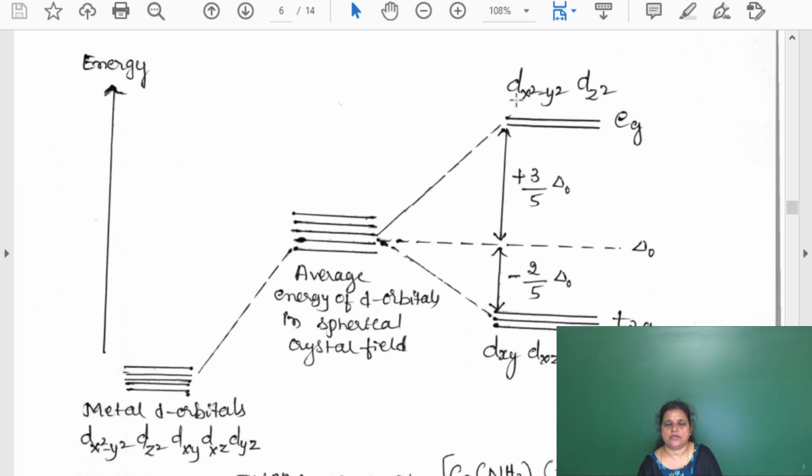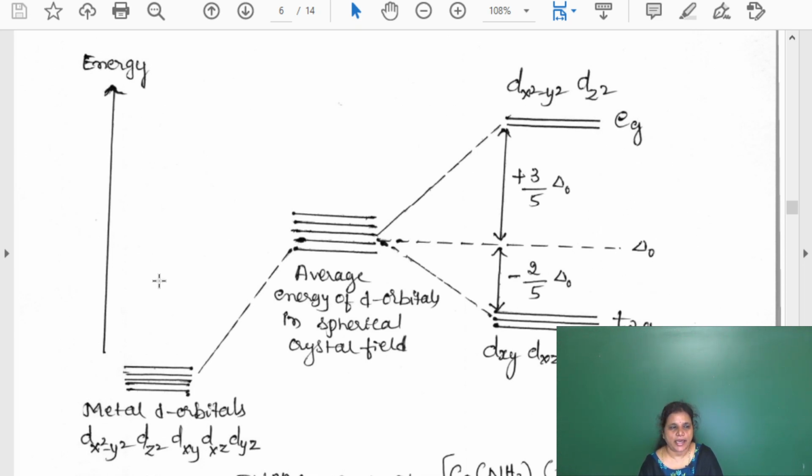Eg carries 2 orbitals at higher energy: dx square minus y square and dz square, at plus 3 by 5 octahedral splitting energy. The lower energy orbitals carry 3 orbitals, dxy, dxz, dyz, and it is T2g, and this is the octahedral splitting energy.